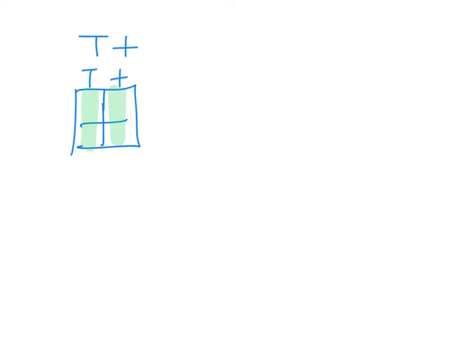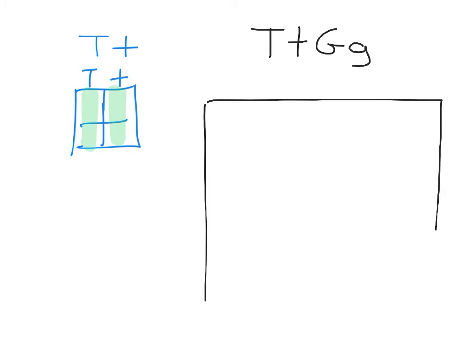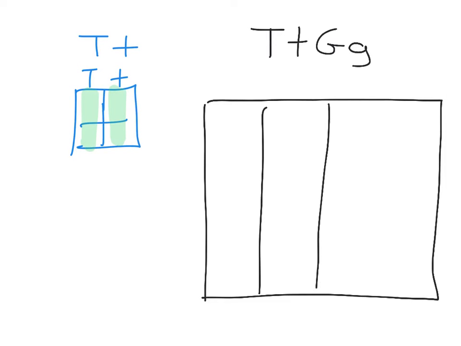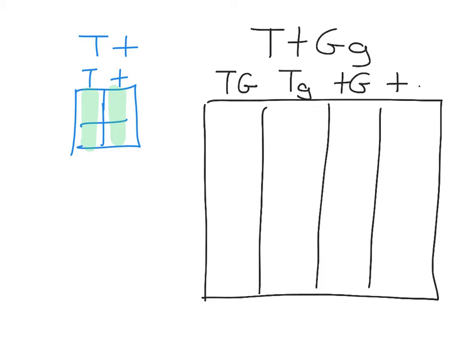If I go back to what we call the dihybrid, double heterozygote, the dihybrid. So when this individual makes a Punnett square, if I put his gametes on the top, he's going to generate 4 columns. Remember the options here. He might generate a sex cell with a big T and a big G, or a big T and a little g, or a little t and a big G, or a little t and a little g.